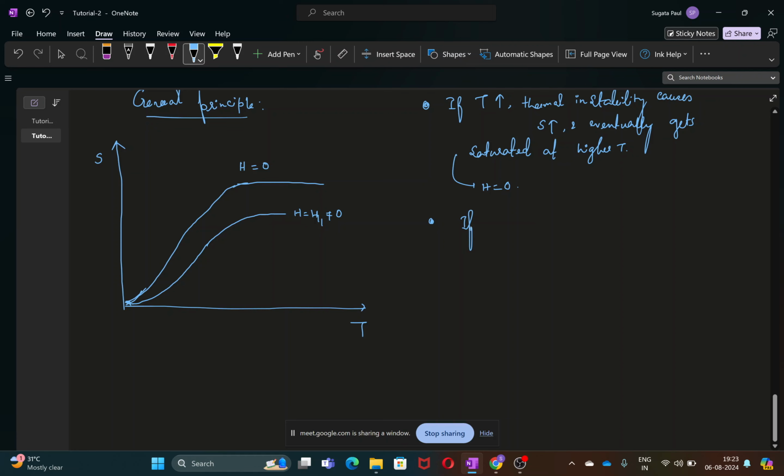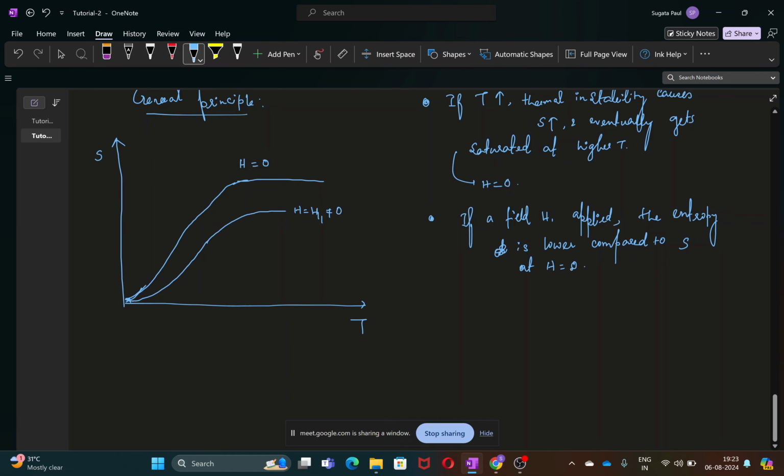Now if a field, let's say H1, is applied, the entropy of the system in presence of a field is lower compared to the entropy at field equal to 0.